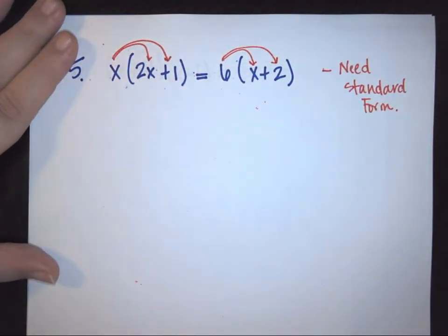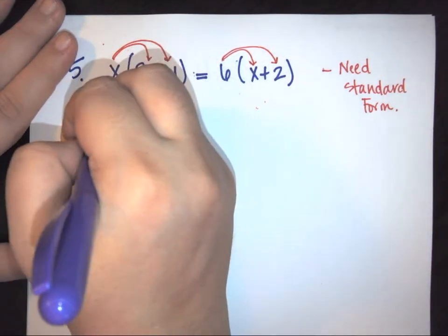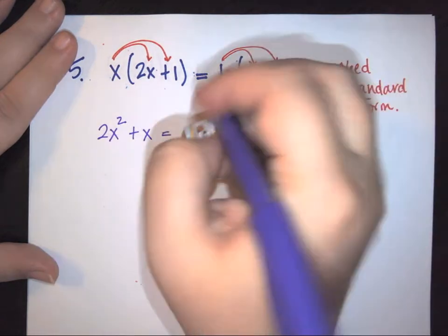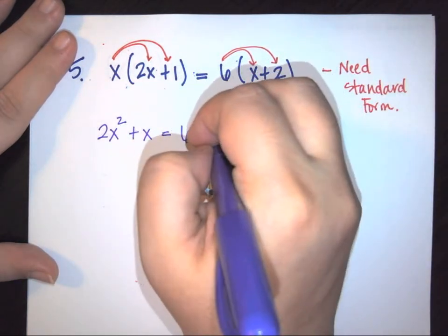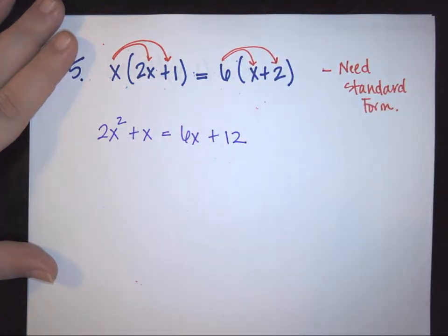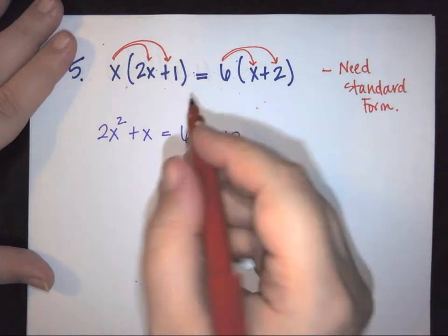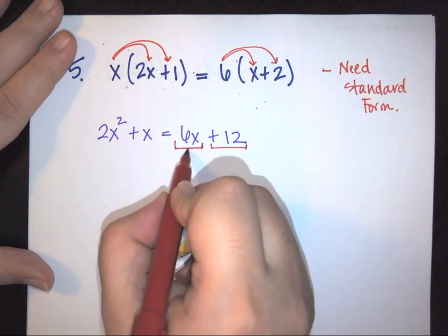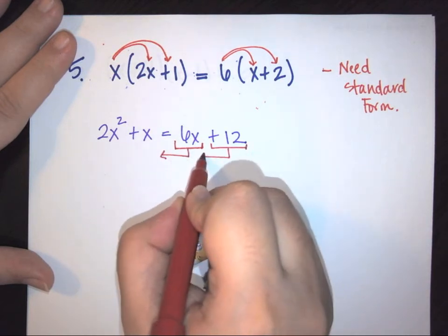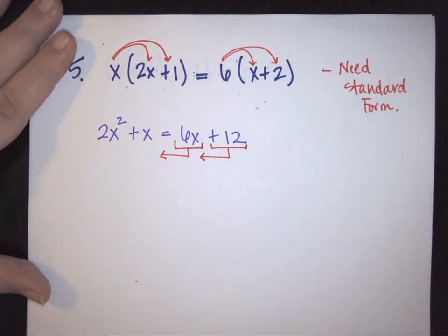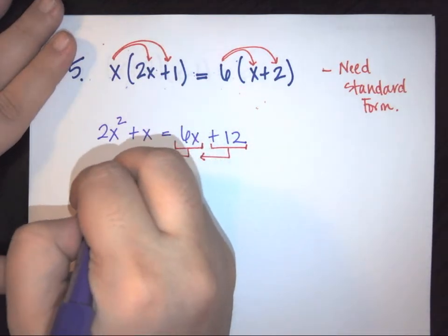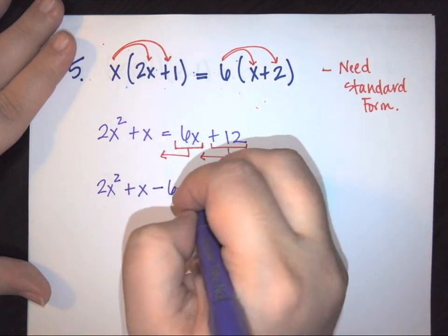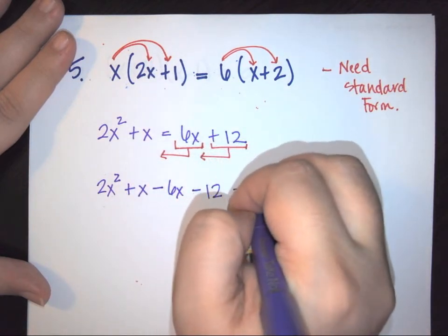So here, this is going to become 2x squared plus an x is equal to a 6x plus 12. And then I need to take each of these pieces and I need to shift them that direction. So this is going to become 2x squared plus my x minus a 6x minus 12 equals 0.